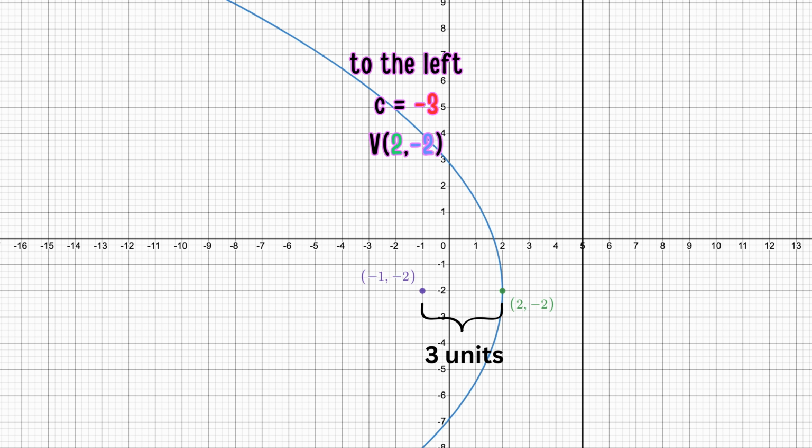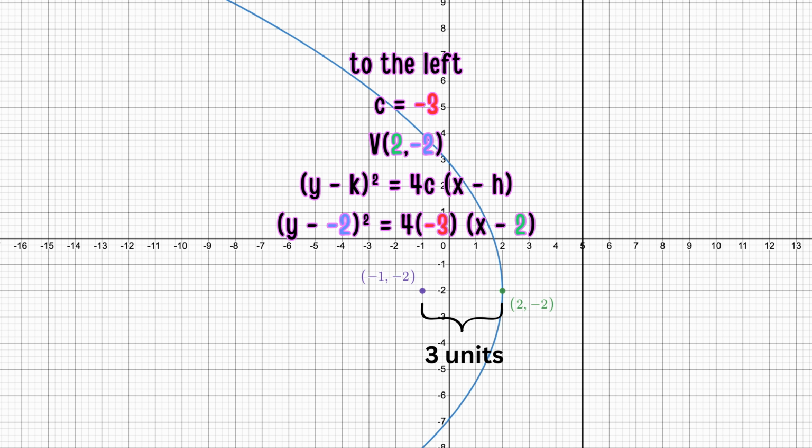Supplying these given to the equation, (y − k)² = 4c(x − h), we will have (y − (−2))² = 4 × (−3) × (x − 2), or (y + 2)² = −12(x − 2).